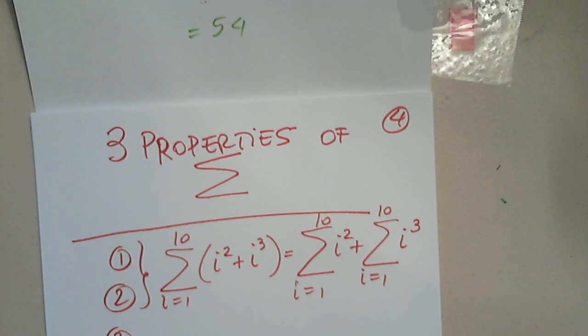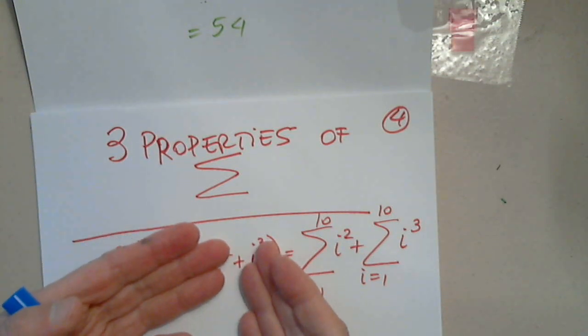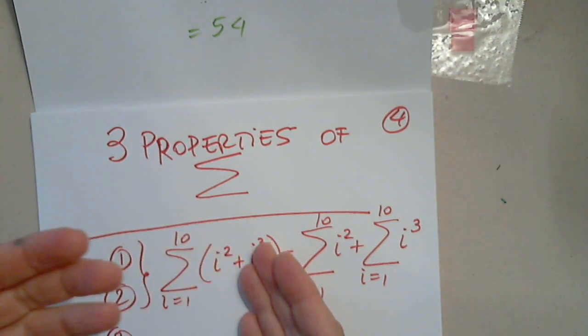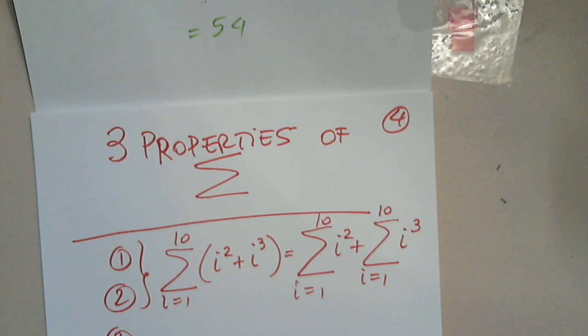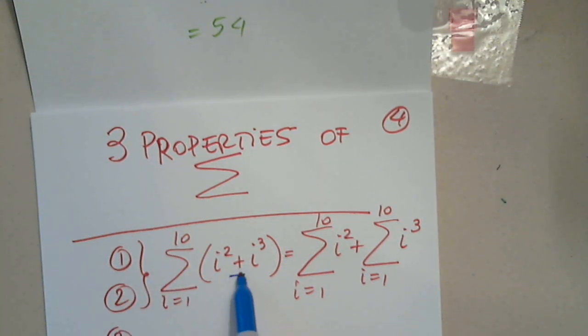In other words, if I have a sum of two general terms, I'm not distributing. This is not a distributive law, but I can say, if I calculate the sum of A plus B, I can calculate the sum of A plus the sum of B, and that's what this means. The reason why I put these two together is because if I have minus, then I have minus. It's basically the same property.